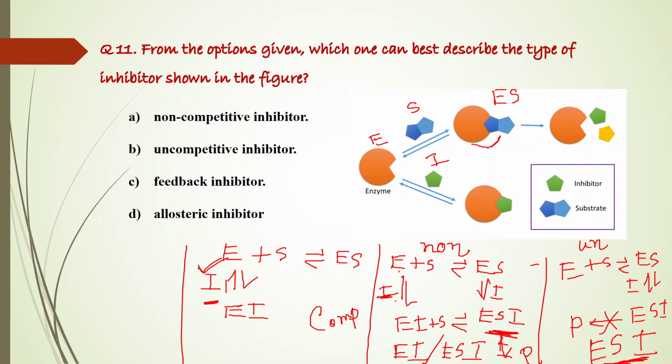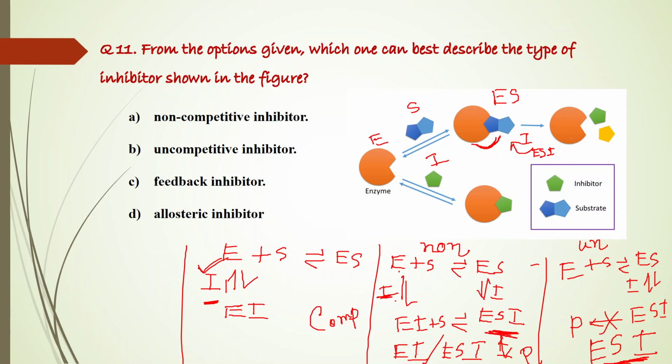This one is your enzyme-substrate complex. If it had been an uncompetitive inhibitor, then the addition of I would have come after the formation of this ES complex, thereby resulting in an ESI complex. That means the green one would attach after the attachment of the blue one.